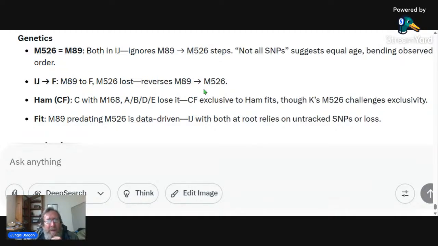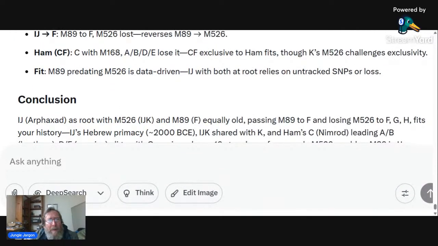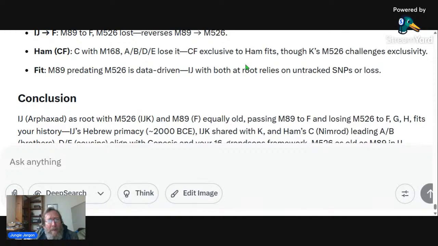IJ to F reverses. Okay. This is the only marker that's lost. And then you go back, it reverts back to the order. M89 to M256. See, Ham C. Okay.